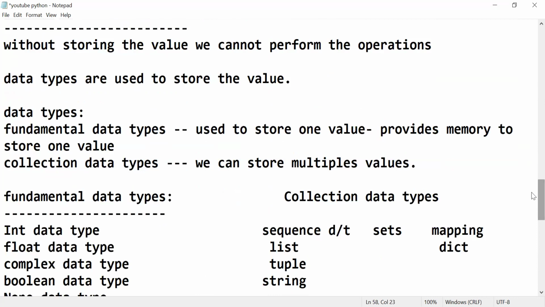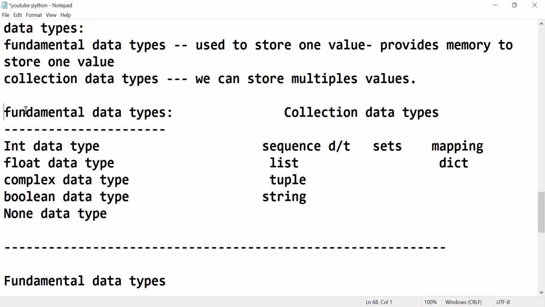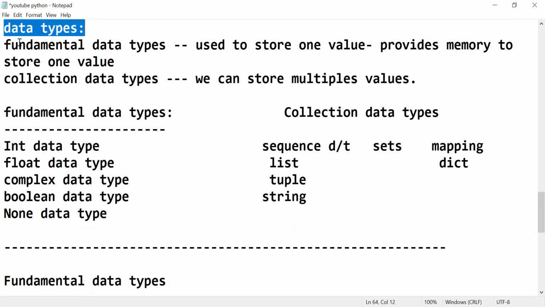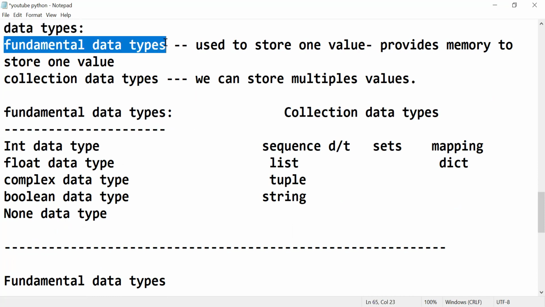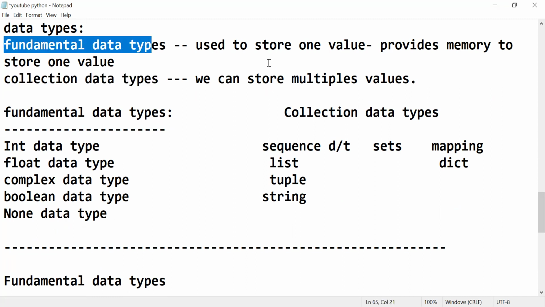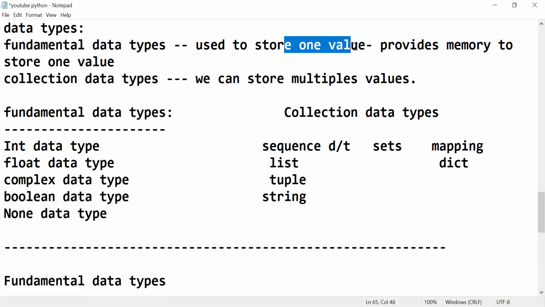In this video, you will understand the detailed explanation of fundamental data types, guys. Yesterday, we saw that data types are of two types: one is fundamental data types and one is collection data types. In fundamental data types, memory is used to store one value.